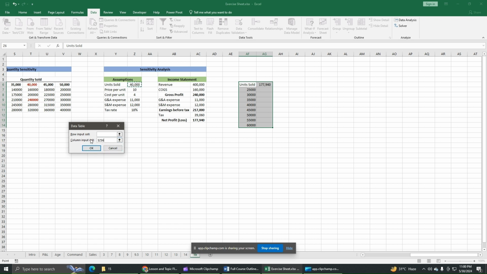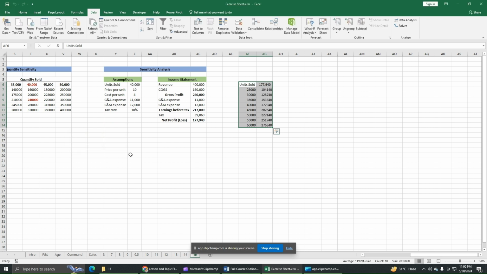We have to give the row input cell or column input cell. We are giving this as input for different revenues, and our input, that is units sold, is arranged column wise. So we select the column input cell, where this original input was, and okay.